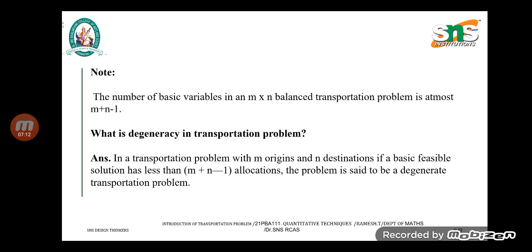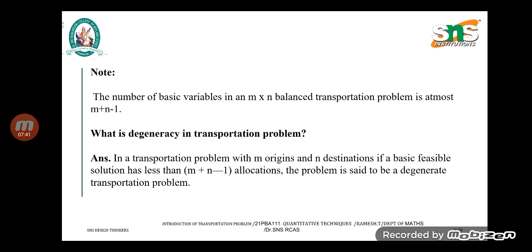Okay, suppose the given transportation problem becomes degenerate. How do we resolve it? So what is a degenerate problem? In a transportation problem with m origins and n destinations, if a basic feasible solution has fewer than m plus n minus 1 allocations, then the problem is said to be a degenerate transportation problem.